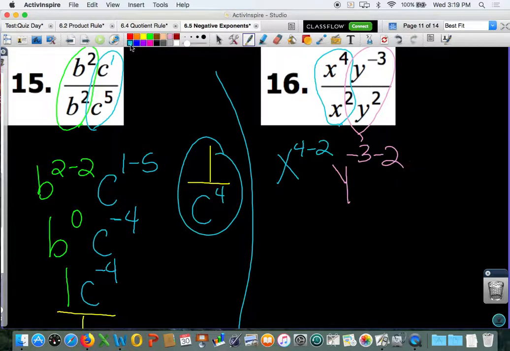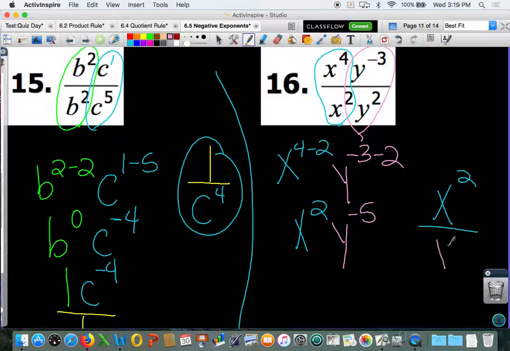So I have x squared, y to the negative 5th. Excellent, but I'm not quite done. I cannot leave that y as a negative. So I'm going to keep x squared on top, and I'm going to bring the y to the 5th power down to the bottom, and I've got y to the 5th power. And this is my final answer.